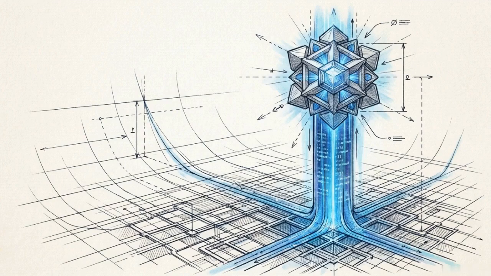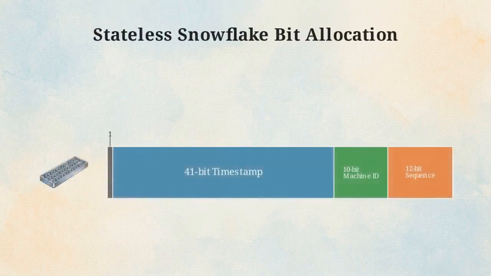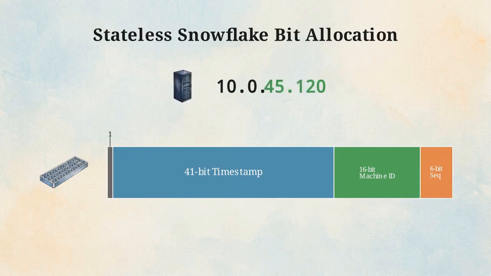Instead of relying on external configuration files or coordinators, this approach derives the node's identity directly from the physical network layer. To accomplish this, the algorithm modifies the standard 64-bit layout. By shrinking the sequence block down to 6 bits, it expands the machine ID block from 10 bits up to 16 bits.